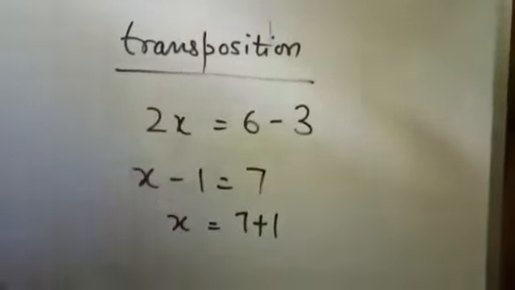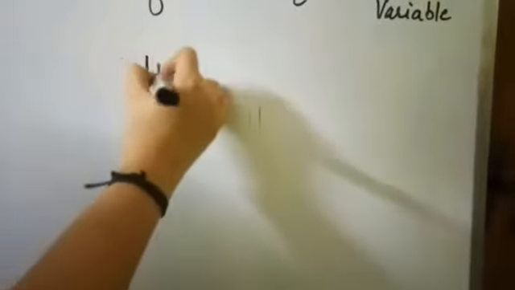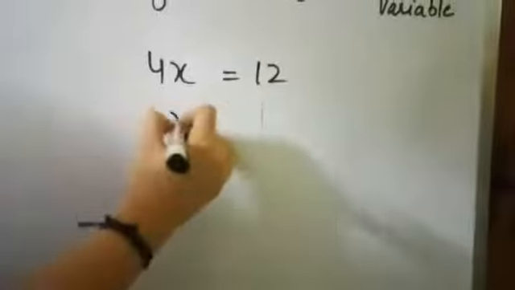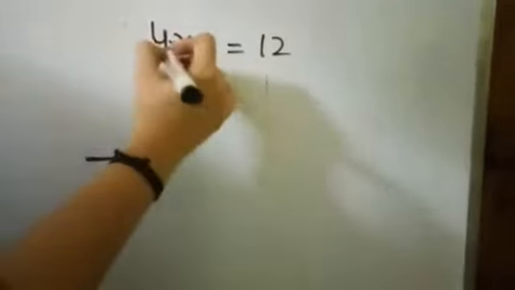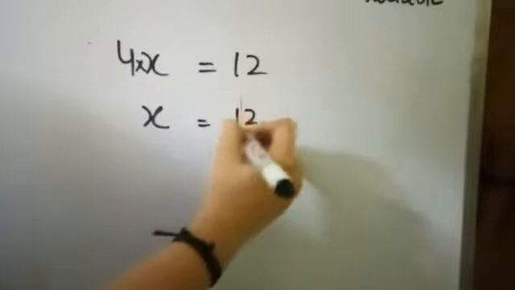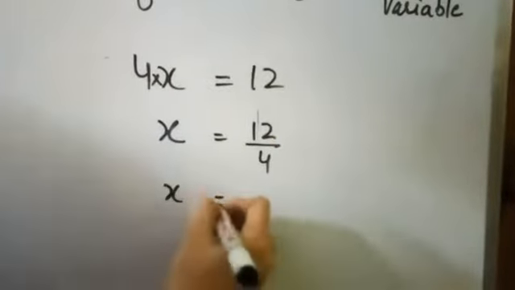And the same for multiplication and division. Suppose I am taking 4x is equal to 12. Now if you are shifting this 4 to the RHS, this is multiplication, that will go for division, x is equal to 3.